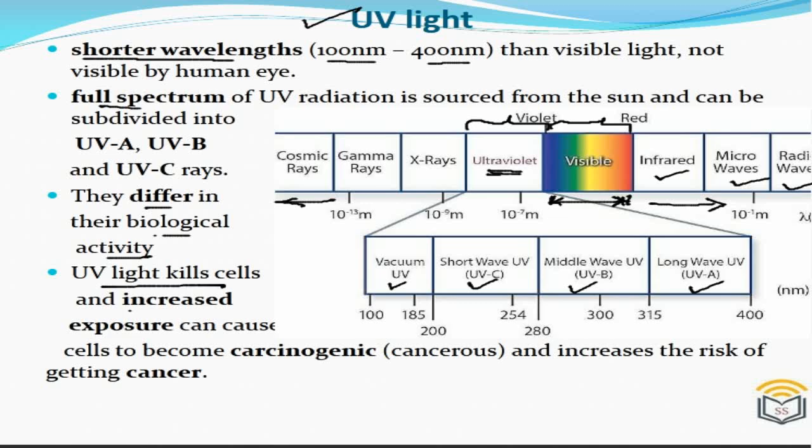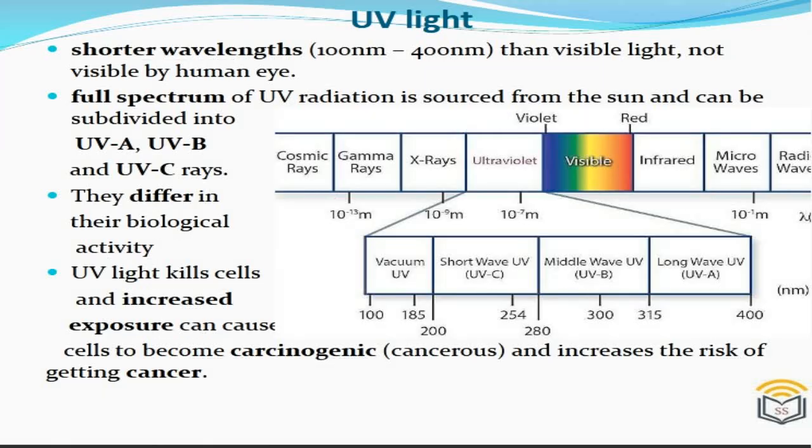UV light kills cells, and increased exposure can cause the cells to be damaged or to become carcinogenic, that means cancerous. That is to say that cells will be damaged if exposed to UV lights, and it poses a greater risk of getting cancer.